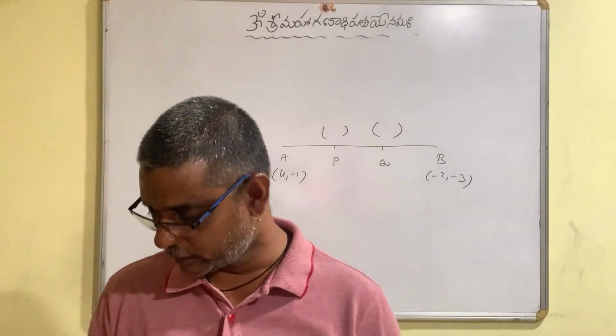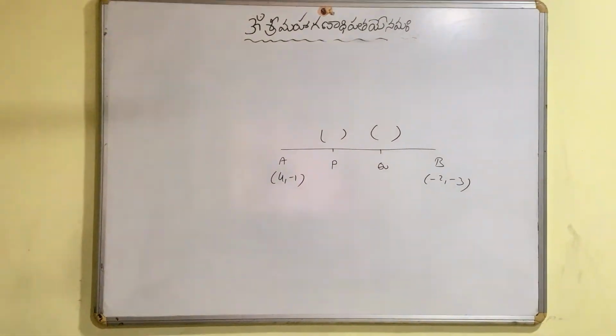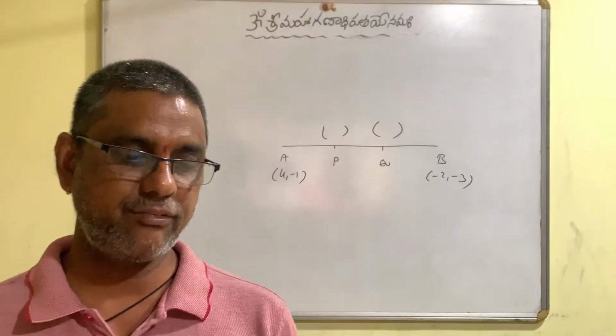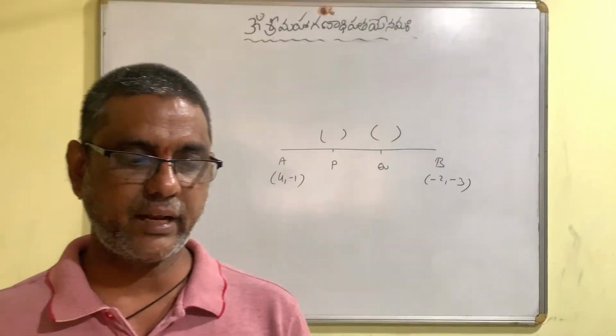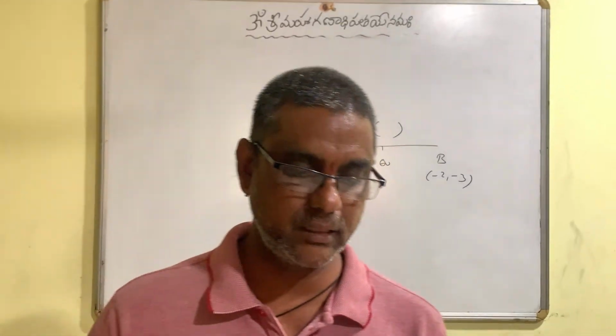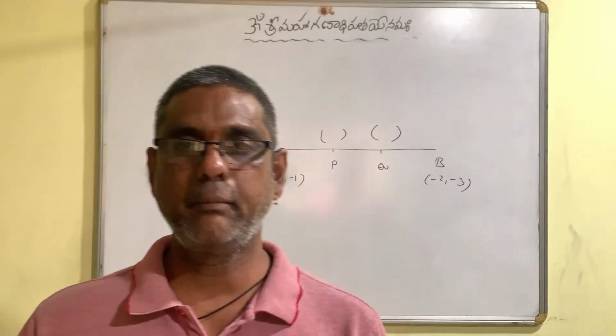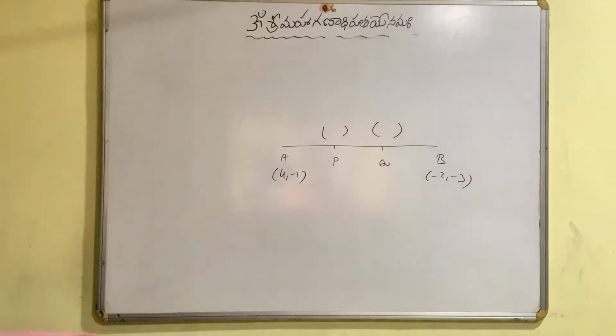Once again, read the question properly. Find the coordinates of the points of trisection of the line segment joining 4, minus 1 and minus 2, minus 3.